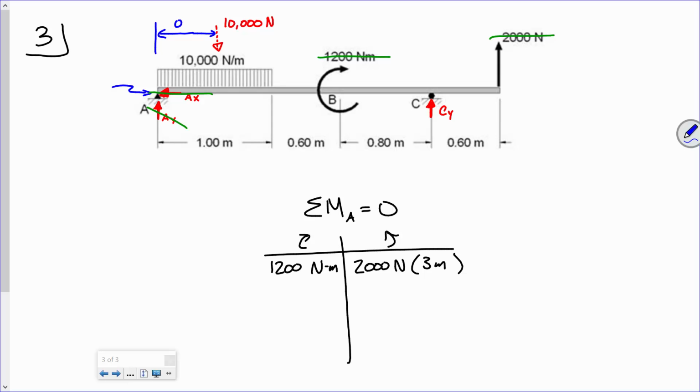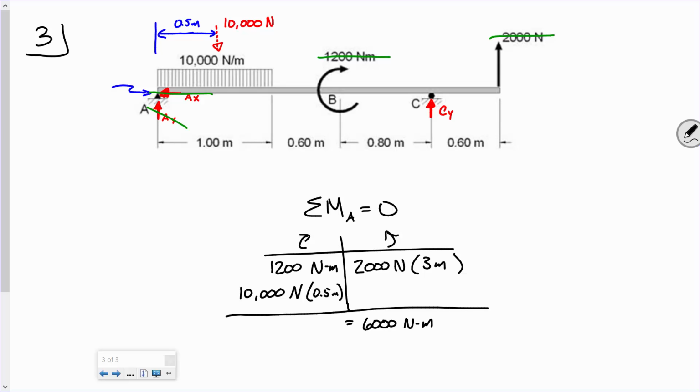Half a meter, 0.5. So on this side, make sense? All right. So on the right, we have 6,000.